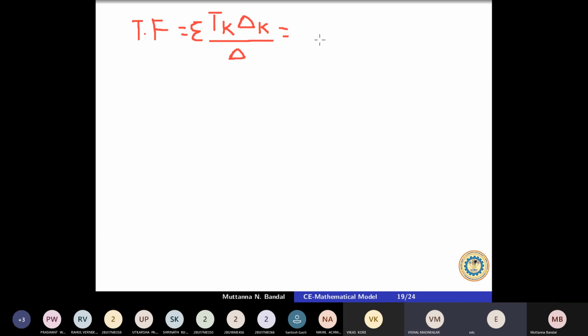One. So I will write T1 delta 1 divided by delta. If I have two paths, it will be plus T2 delta 2 by delta. Similarly, as many forward paths as there are, that many terms will be added up.